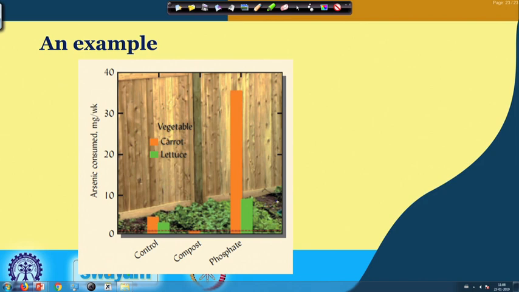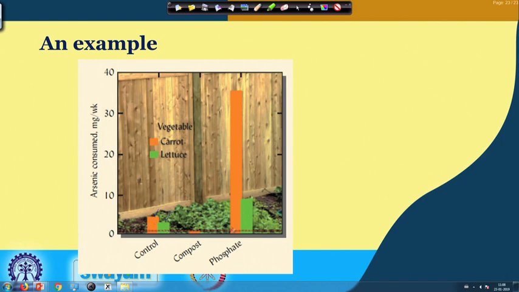There is a study where they applied compost as well as phosphate, and you can see the arsenic accumulation within the control vegetable, that means when we didn't apply any amendment. There are two types of vegetables, one is carrot, another is lettuce.